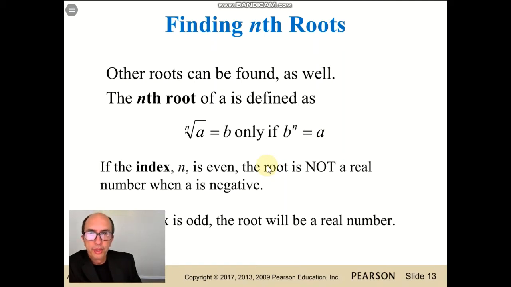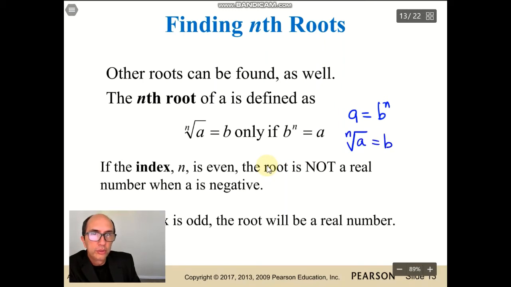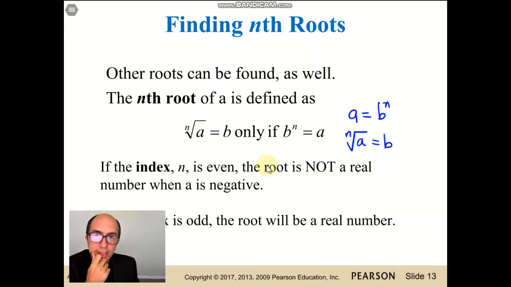It's defined like this: if a equals b exponent n, the nth root of a equals b, right? If the index is even, you cannot have the nth root of a negative number.